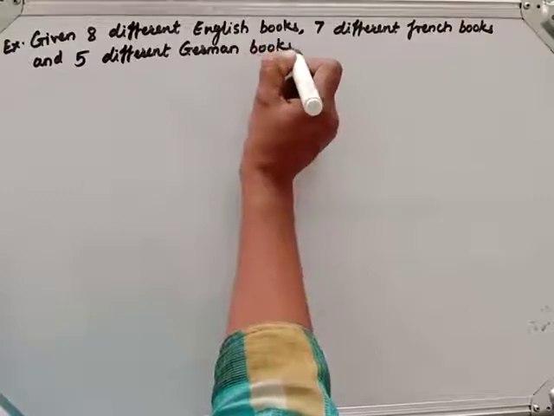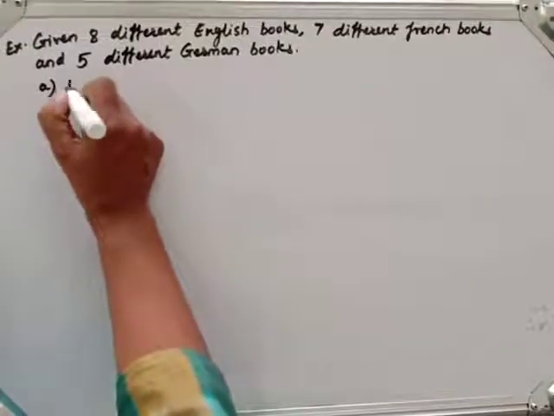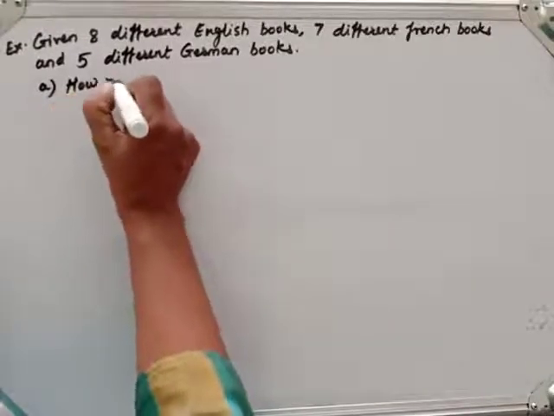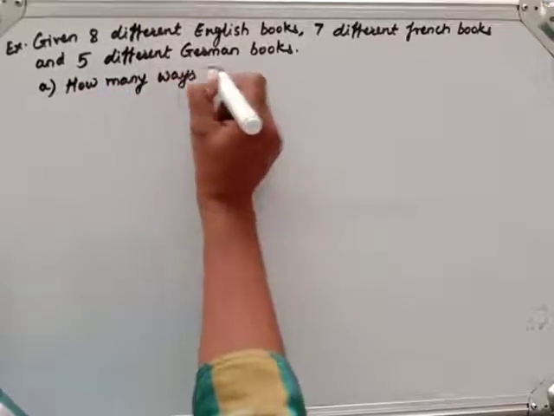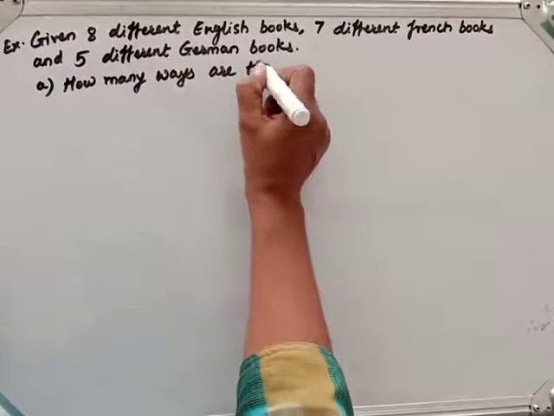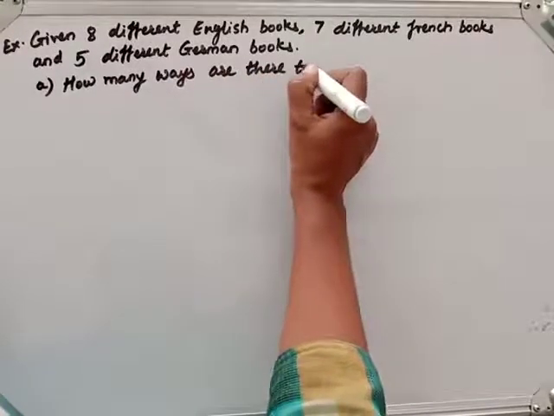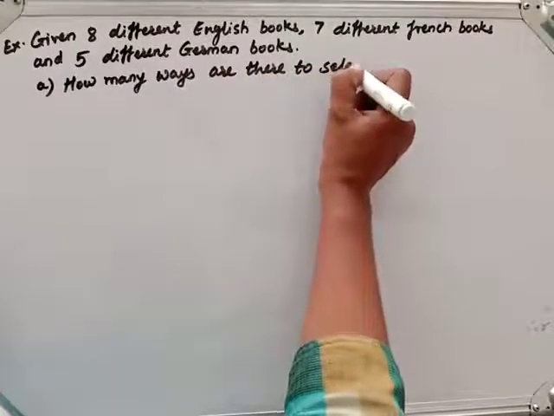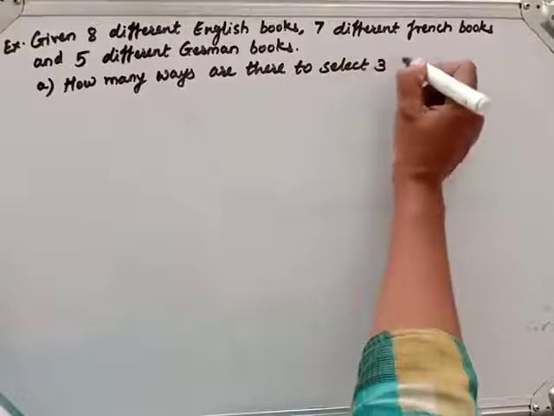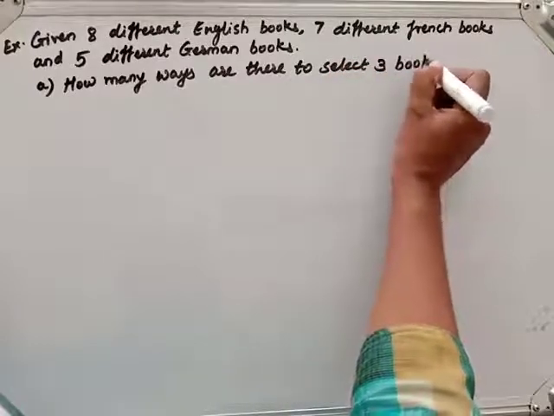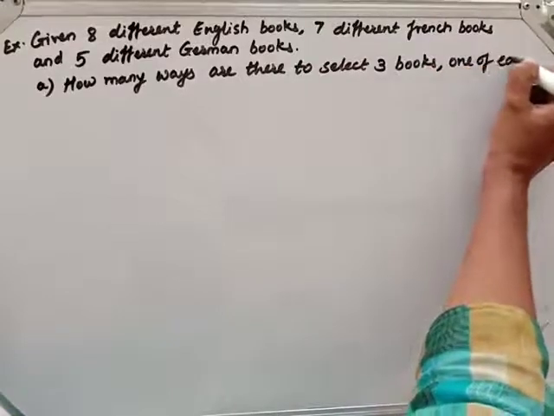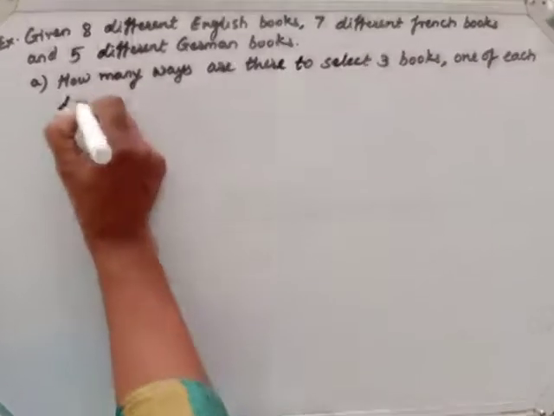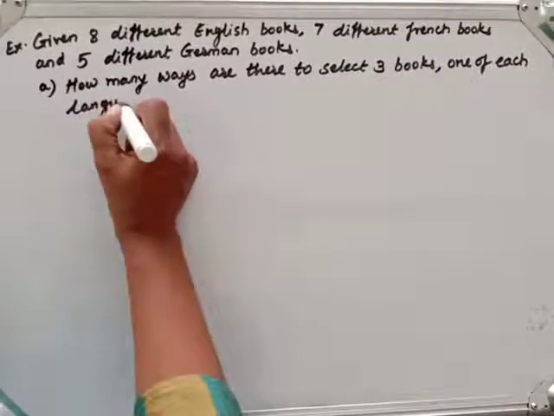Suppose now the first part is that how many ways are there to select 3 books, one of each language.